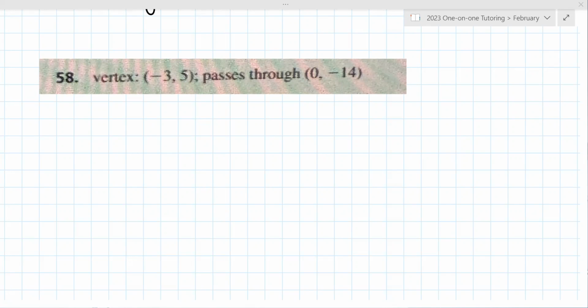Negative 14 equals 9a plus 5. Minus 5, minus 5, negative 19 equals 9a.